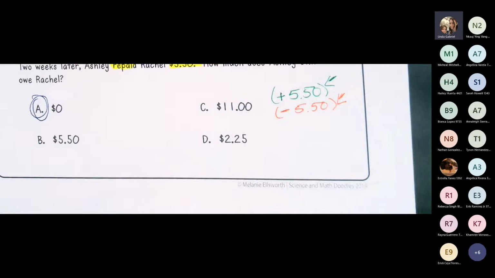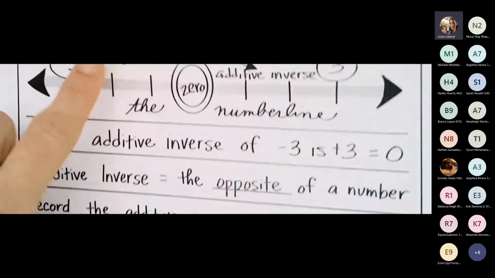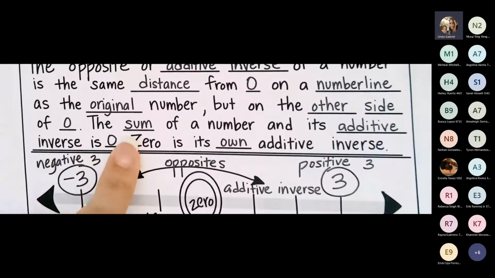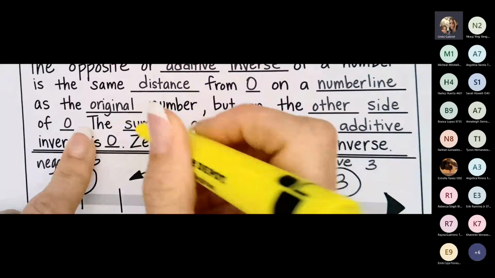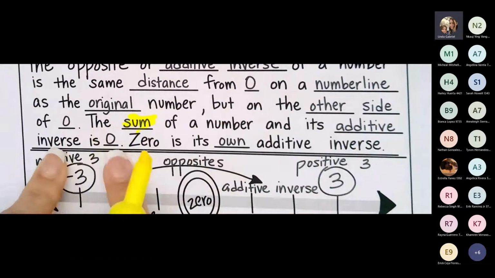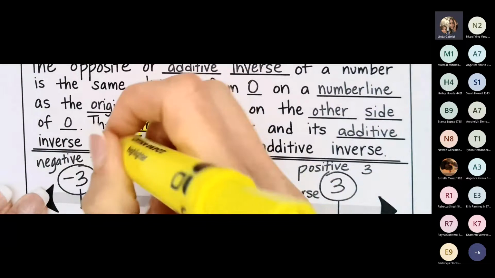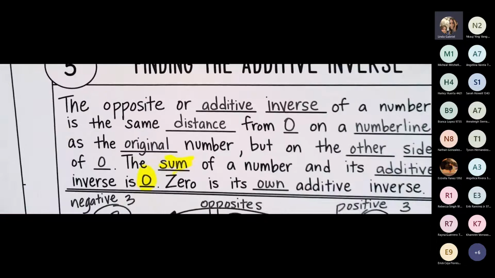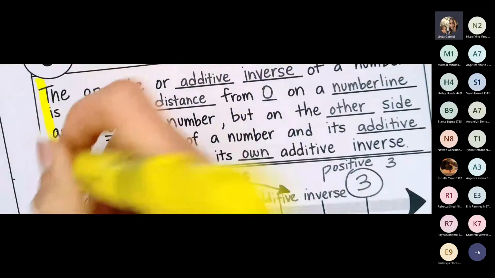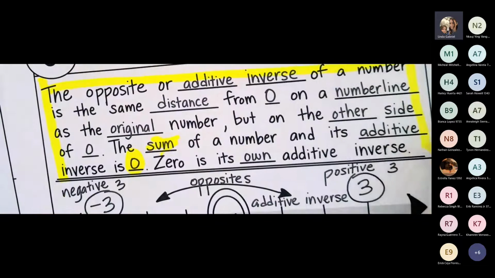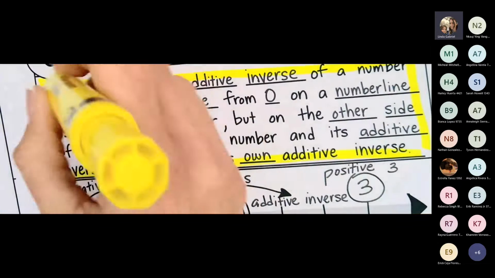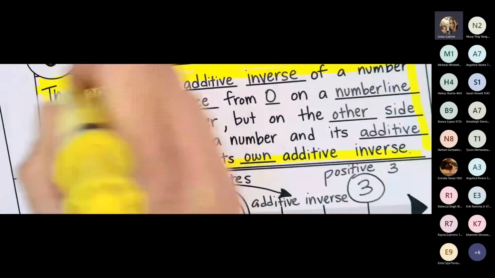So the answer to 3 is $0, right? Because our rule states the sum of a number and its additive inverse is always 0. So remember our rule, we can think of our rules like laws in science. We can think of them as pretty much always true, right?